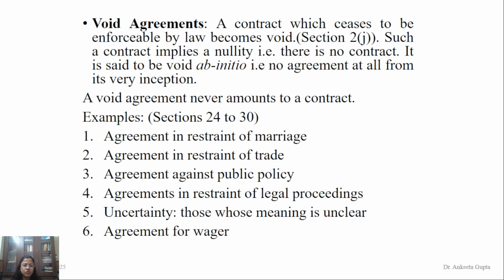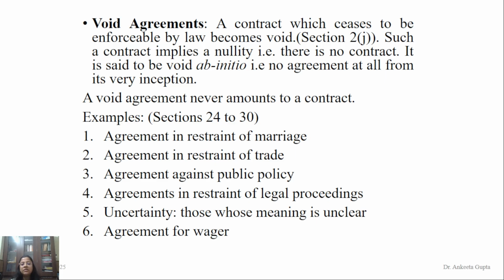There are some provisions of law which say that these agreements, under any circumstances, would be considered void agreements: agreement in restraint of marriage, agreement in restraint of trade, agreement against public policy, agreements in restraint of legal proceedings, uncertainty, where the meaning of the terms in the agreement is not clear, and an agreement by way of wager.